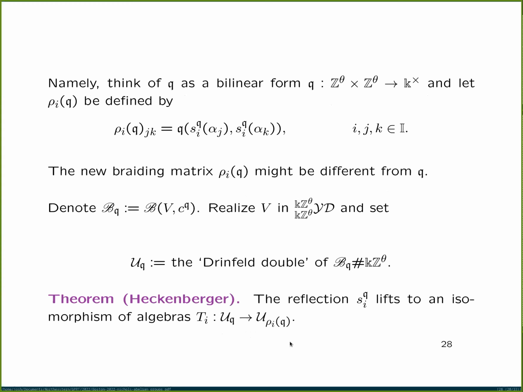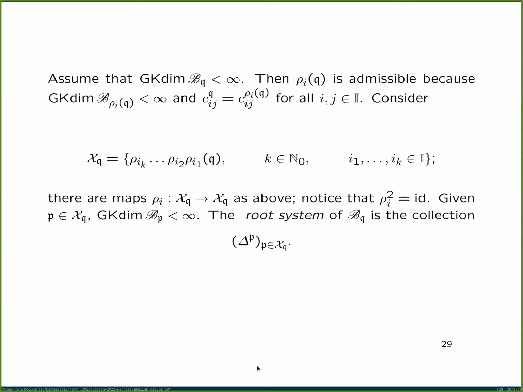If the Gelfand-Kirillov dimension of the double is finite, the Gelfand-Kirillov dimension of the Nichols algebra will be finite because it's a subalgebra. And since I have an isomorphism of algebras, we see that one has a finite Gelfand-Kirillov dimension if and only if the other has. And the same for dimension. So in any case, we know that the new matrix rho_i of Q is again admissible.